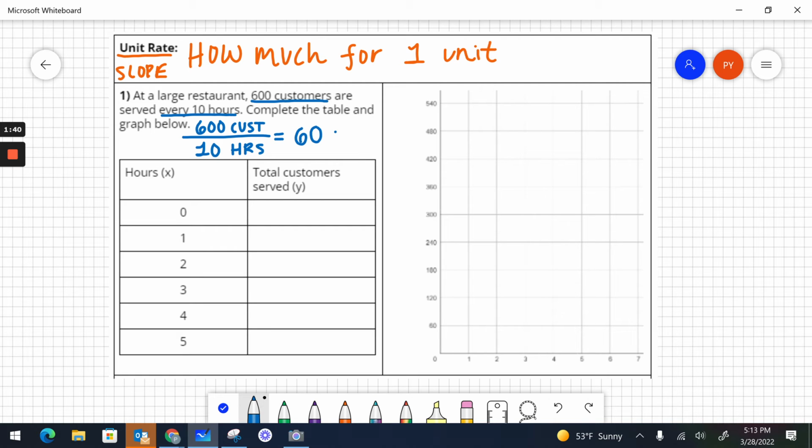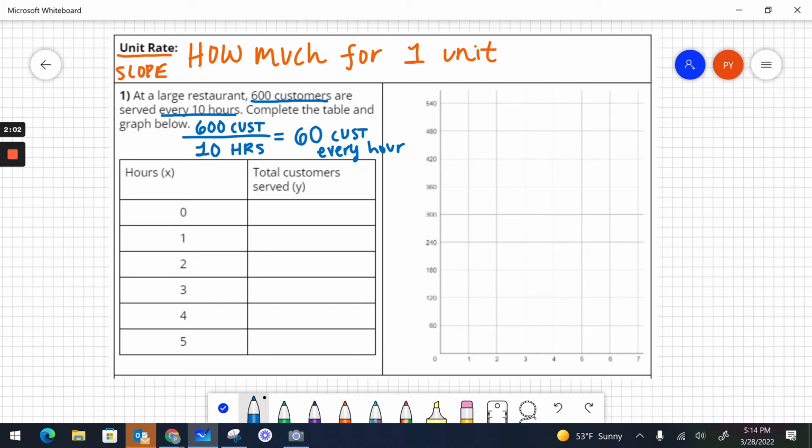So there are 60 customers served every hour. And I'm just using CUST, short for customers. Okay, so now that we know that, we can start to fill in our table.